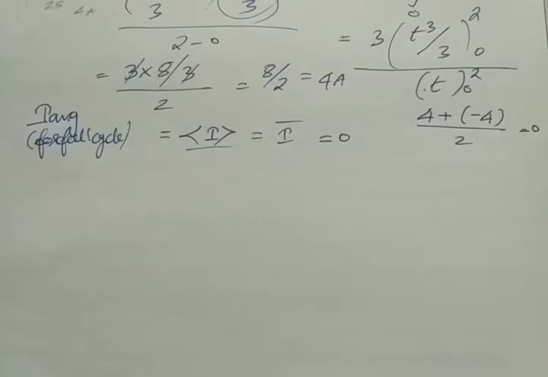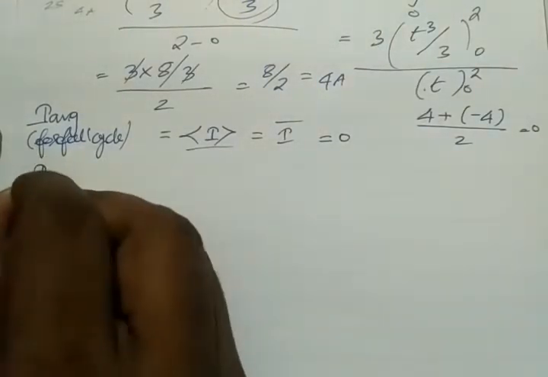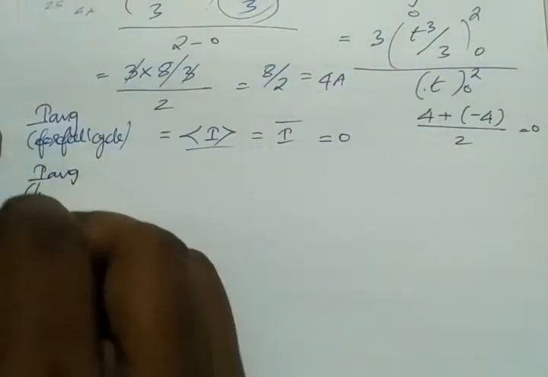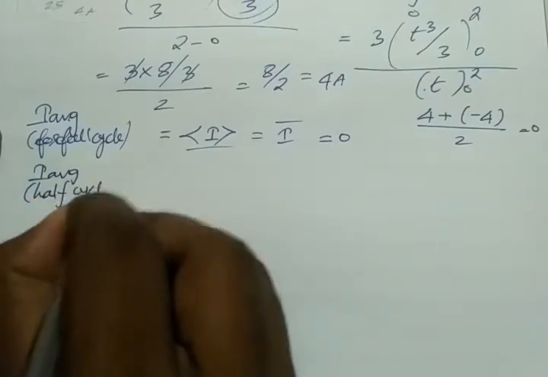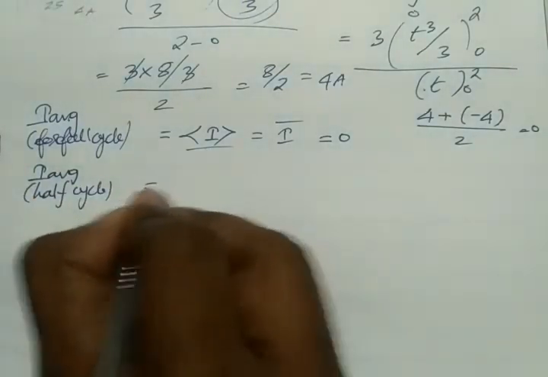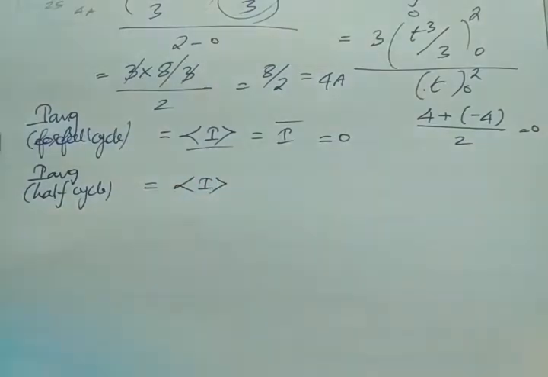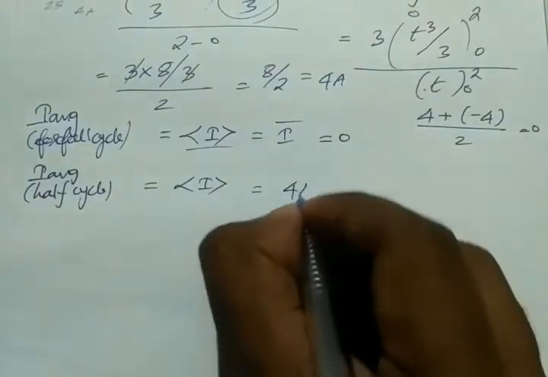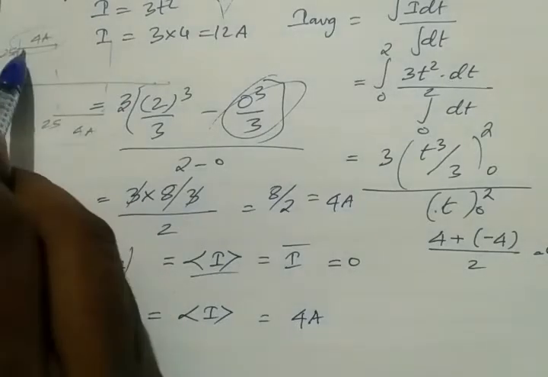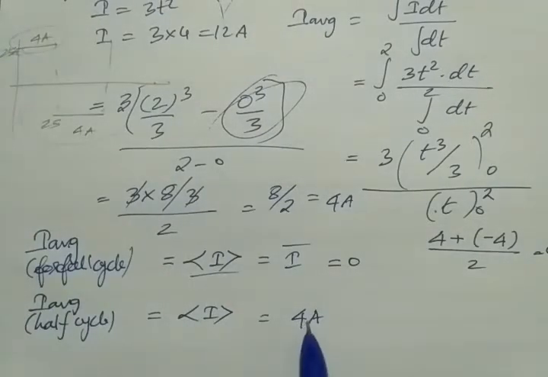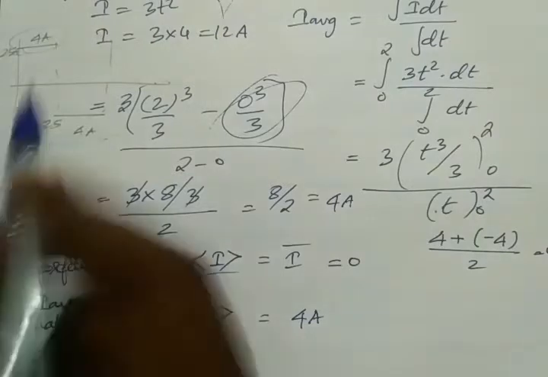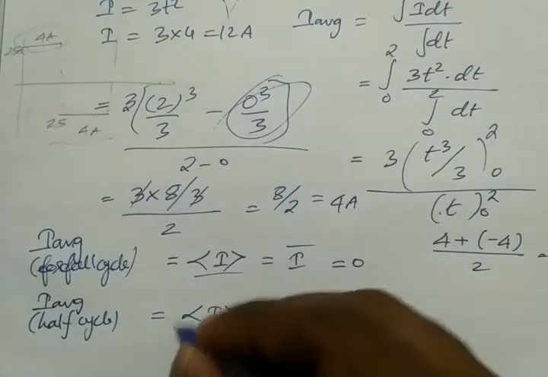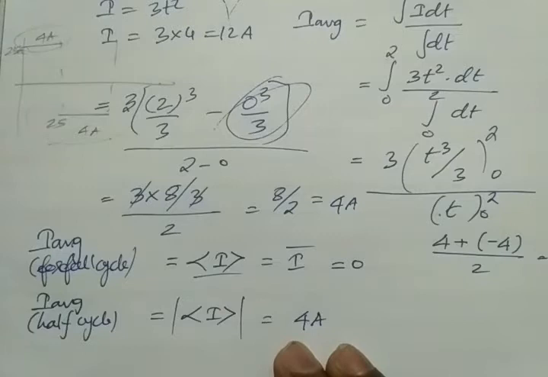For full cycle, if I take I average for half cycle, what will we get? I average for half cycle, we have only 4 ampere, correct? For only half cycle. So if I take the positive half cycle, I have positive 4 ampere, or we can take the negative half cycle also, we have minus 4 ampere. If we consider magnitude only, then we have simply 4 ampere for one half cycle.